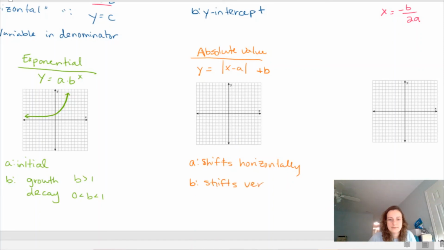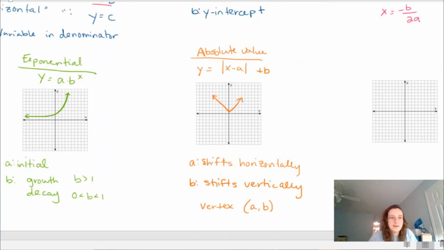Your standard absolute value, y equals the absolute value of x, produces a V-shaped graph like this. If you add an a value, you would be moving this left or right, and if you add a b value, you would be moving this V shape up or down. That's what it means by shifting horizontally and shifting vertically. And your vertex for an absolute value function is at (a, b).